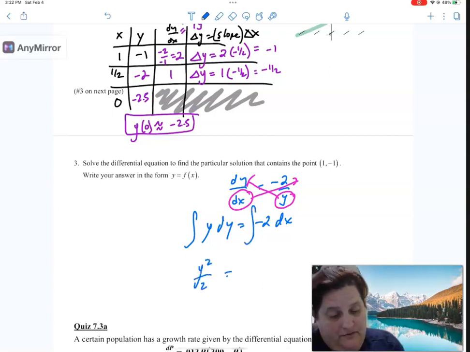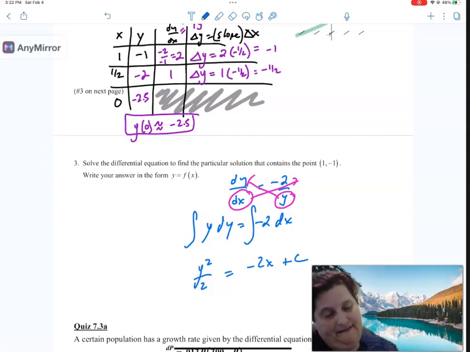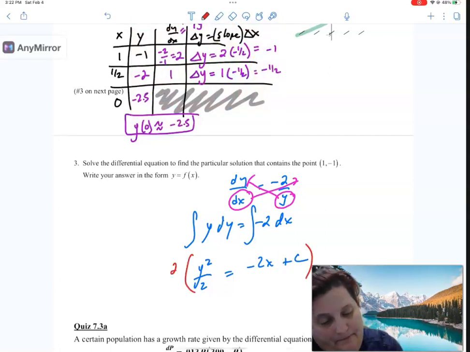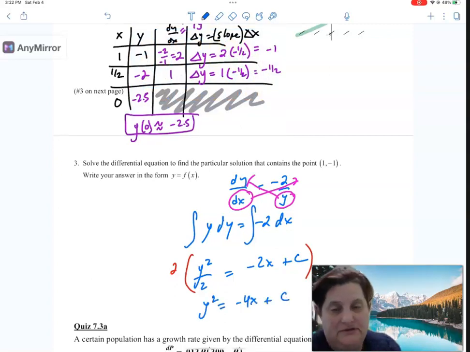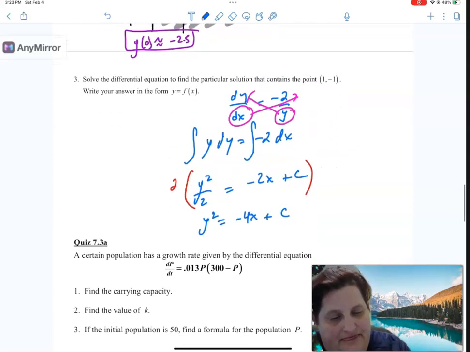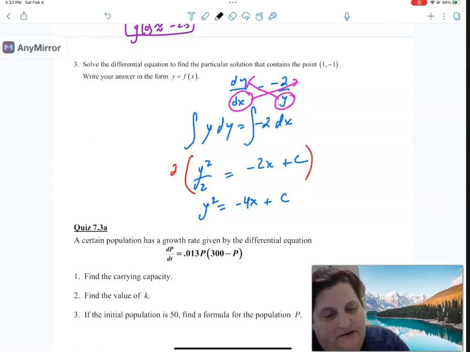Okay, y squared over 2 equals -2x plus a constant. I'd at least like to multiply everything by 2 first. If I do that, I get y squared is -4x plus 2 times a constant, which is just a different constant. Okay. I think at this point, I'm going to find c.